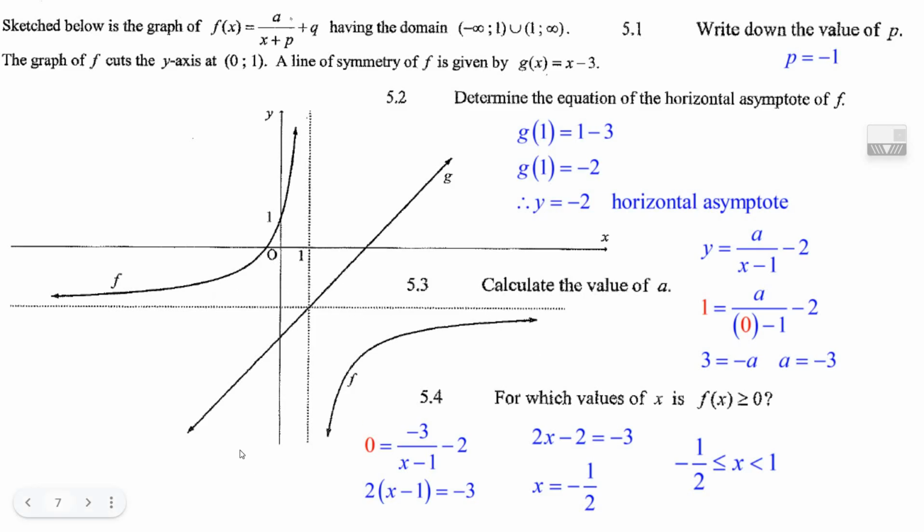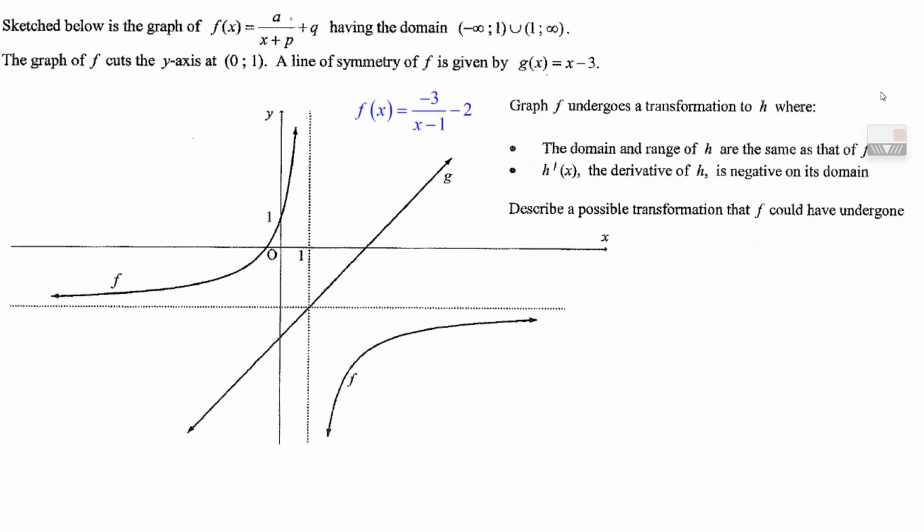Now, the last question is a little bit tricky, or it makes you think. It says here that f undergoes some kind of transformation, but it's got the same range and the same domain. That means these asymptotes don't change. Well, what would you do? But what happens here? The derivative is negative instead of positive.